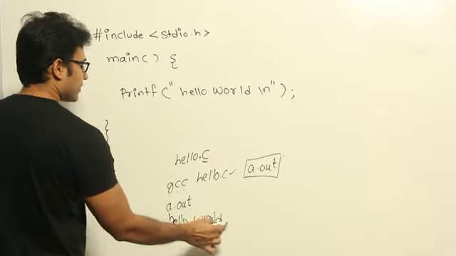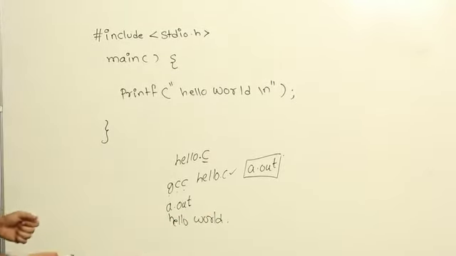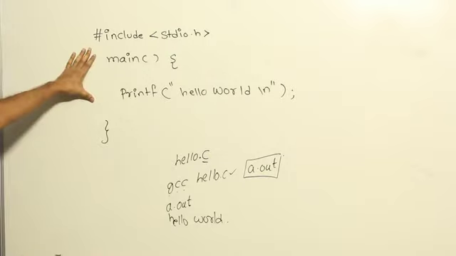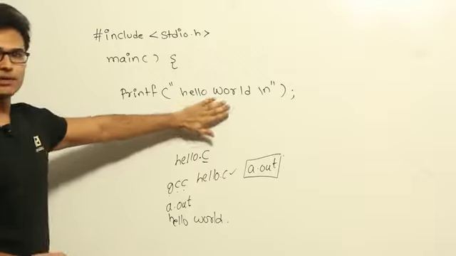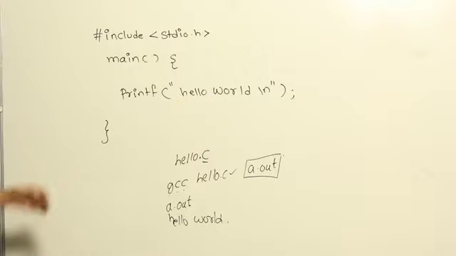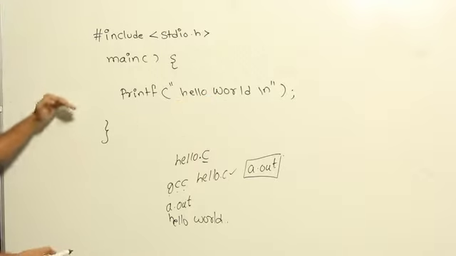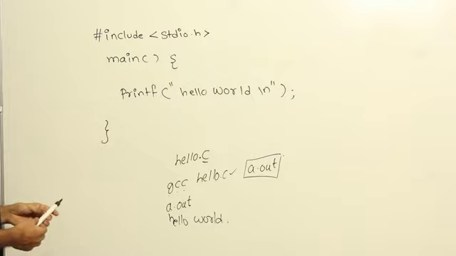Now what has happened here is, in this program we have just said that we want to print hello world, and that is why hello world is printed. Now let's see what components we have used while writing this program.